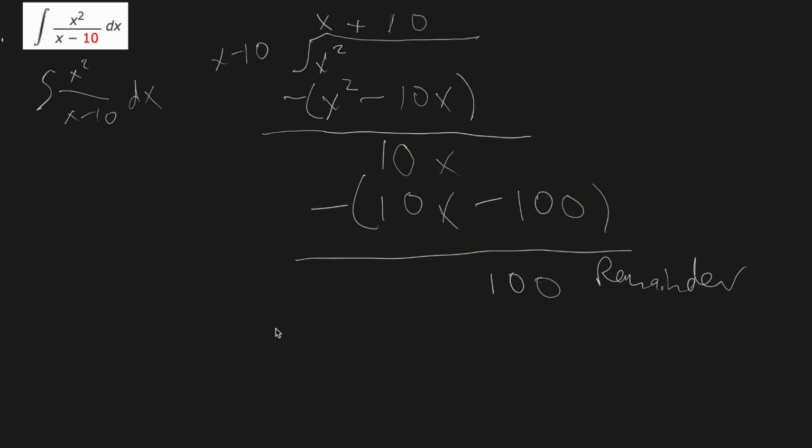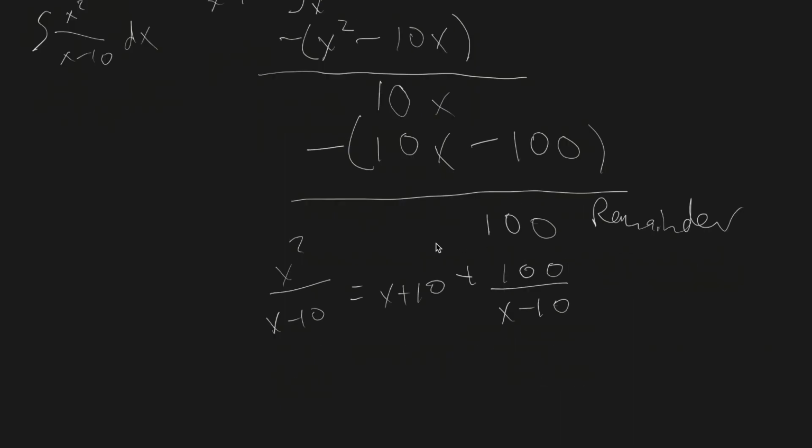This gives us the final answer of x squared divided by x minus 10 is equal to x plus 10, remember from up here, plus 100 divided by x minus 10. The 100 being the remainder, and then we're dividing by what we divided by before, x minus 10. This is the quotient when you do polynomial division here.